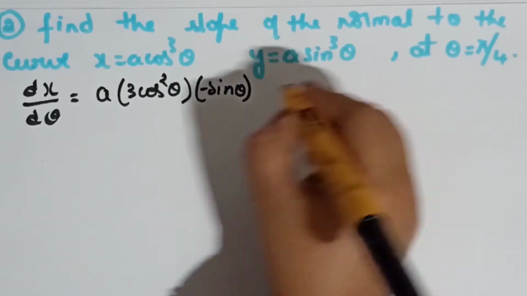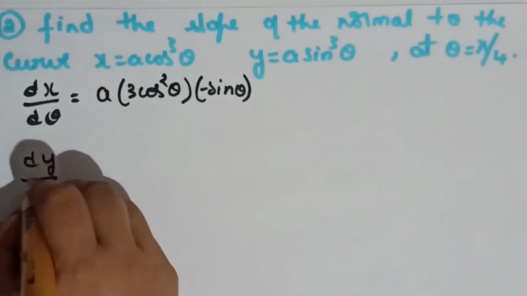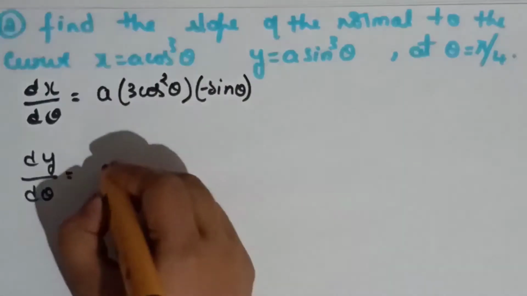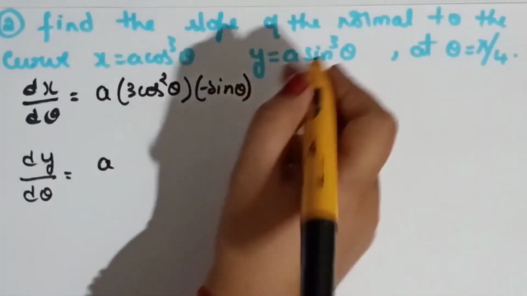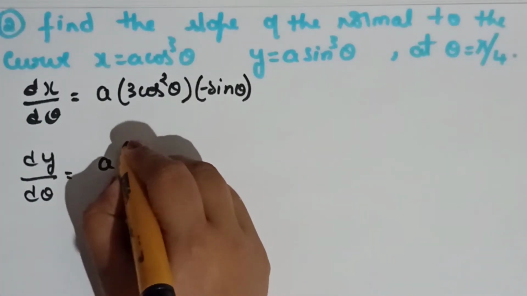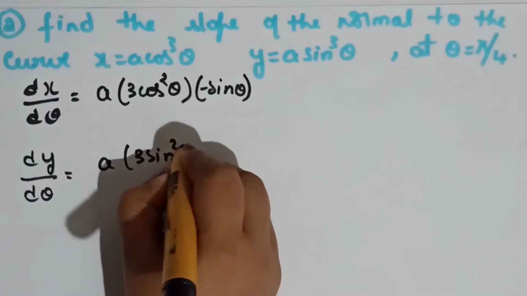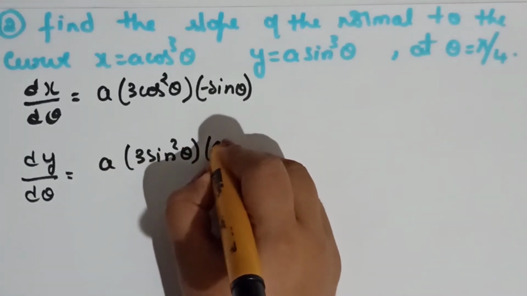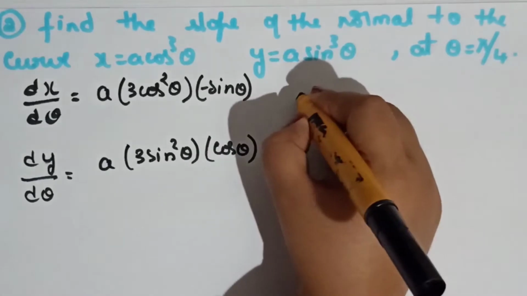Then dy by d theta is equal to a, a constant, differentiation of sin cube theta: 3 sin square theta into differentiation of sin theta, which is cos theta.